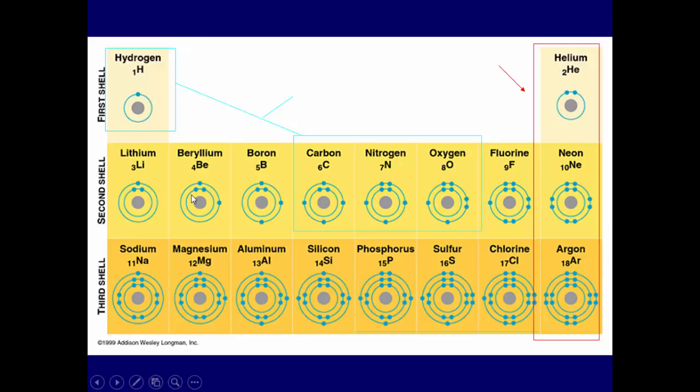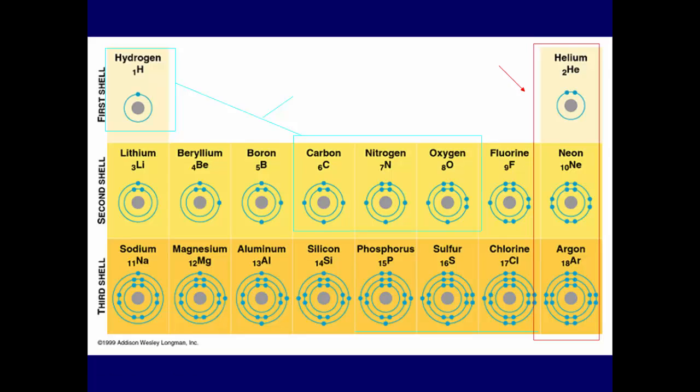By the same token here, beryllium and magnesium in this second column, they only have 2 electrons in their outermost shell, and that's not very stable either. So they tend to want to lose those outer 2 so that they're back to that next shell, which is full. They're happy.